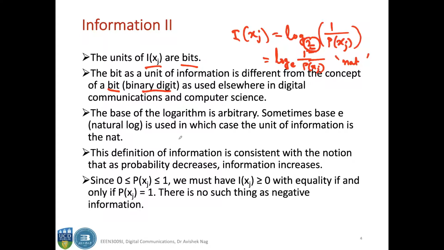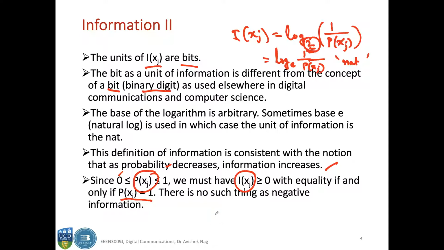This definition of information is consistent with the notion that as probability decreases, information increases. We just talked about this in the previous slide with the two examples. And since the probability of an event is always between 0 and 1, we must have the information of an event always greater than or equal to 0, with equality if and only if the probability is equal to 1.